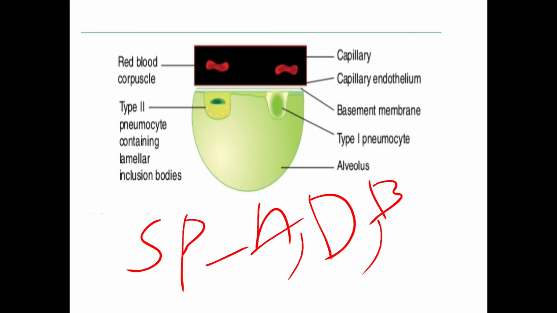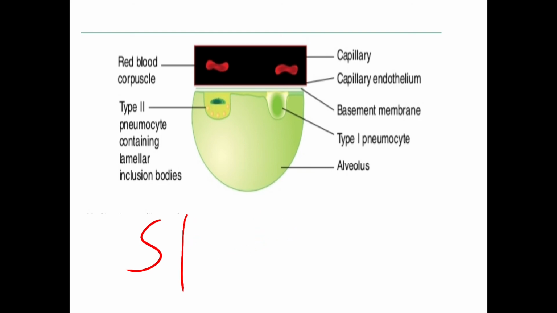If the surfactant does not have the phospholipid, then it won't have therapeutic efficacy. Phospholipids are the main composition of this surfactant. If surfactant is not there, what happens? When there is deficiency of surfactants in infants, it causes infant respiratory distress syndrome.